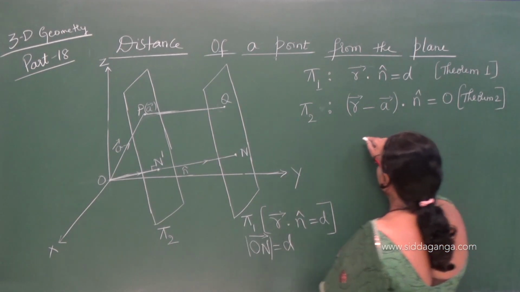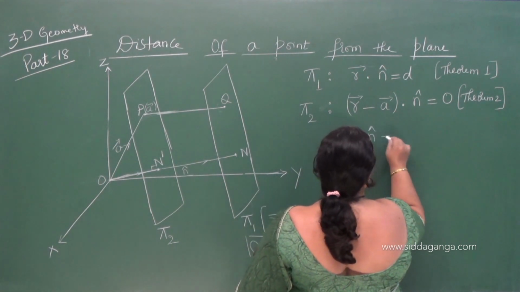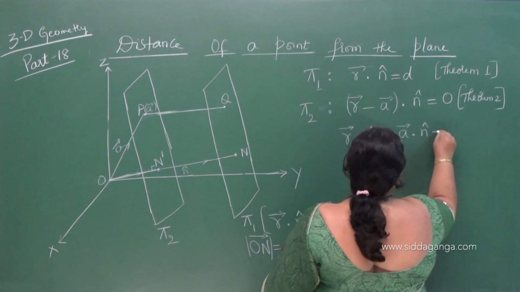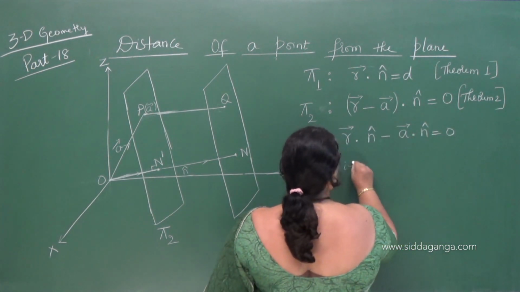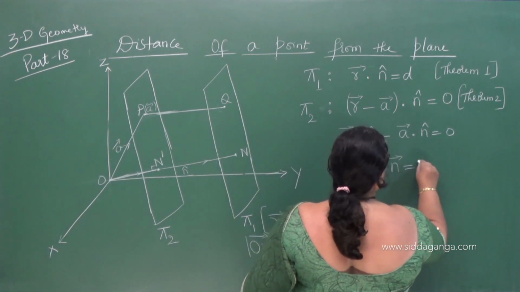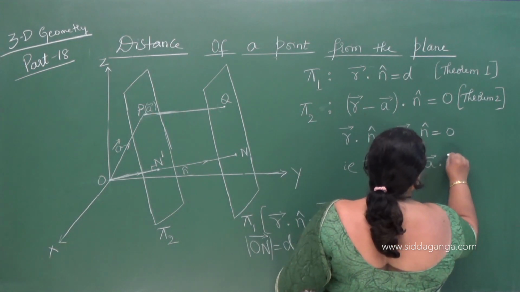So now vector R dot vector n cap minus vector A dot vector n cap equal to 0. That is, vector R dot n cap is equal to modulus of A dot n cap.